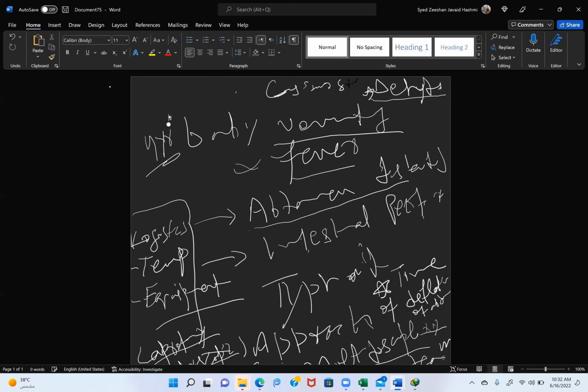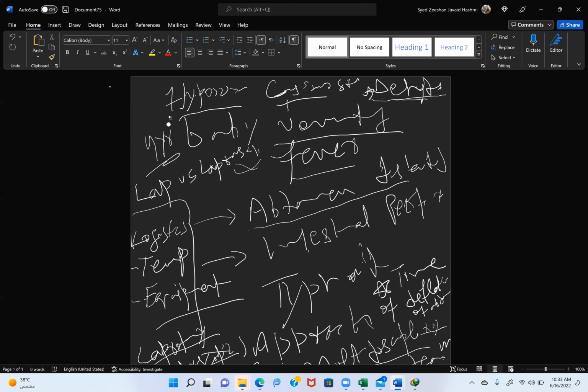And of course, if the patient is too drowsy, there may be hypoxia. So these three things should be in your mind. And in discussion with the surgeon, you will discuss laparoscopy versus laparotomy, because they do this surgery laparoscopically as well.